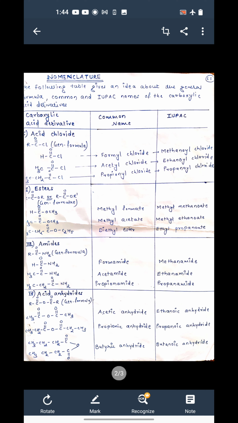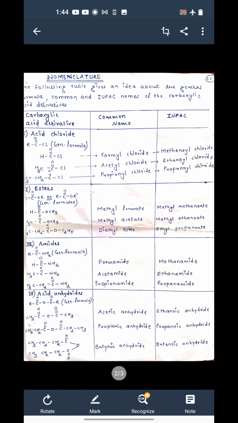It is methyl here, and it is obtained from formic acid, so it is called methyl formate. The second one again has a methyl group attached to oxygen, so we write methyl, and it is obtained from acetic acid, so we write acetate. In the third compound, C2H5 is attached to oxygen, and the carbon is also attached to an ethyl group, so we write diethyl ester.